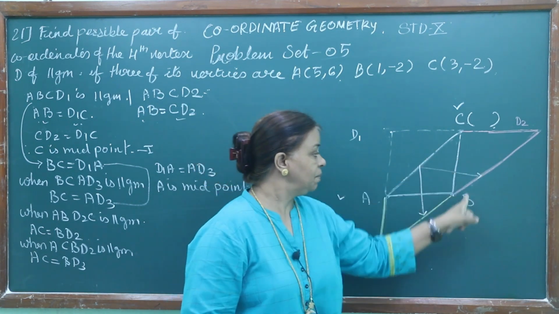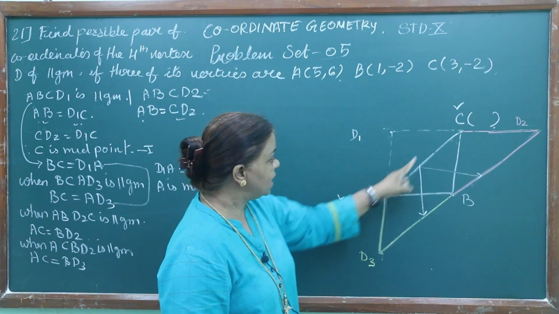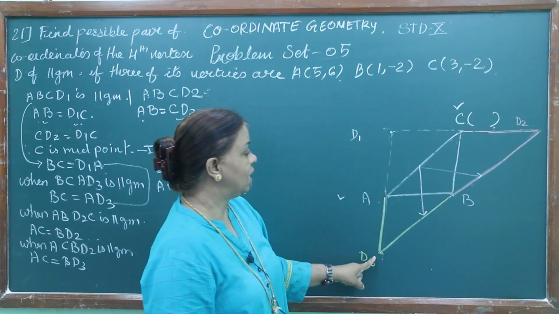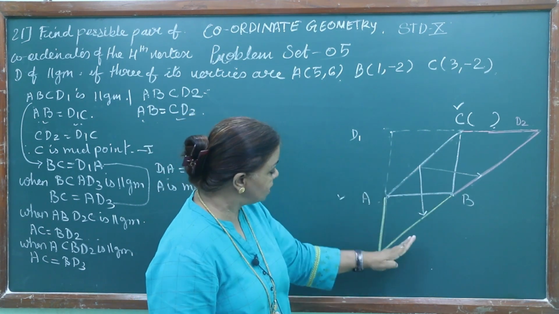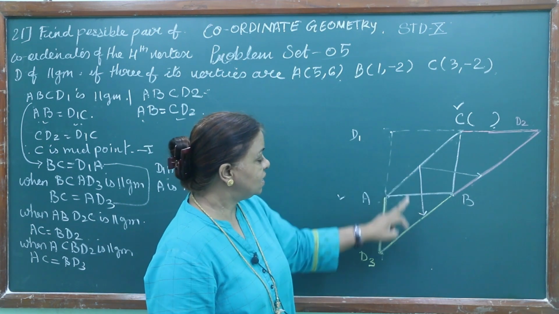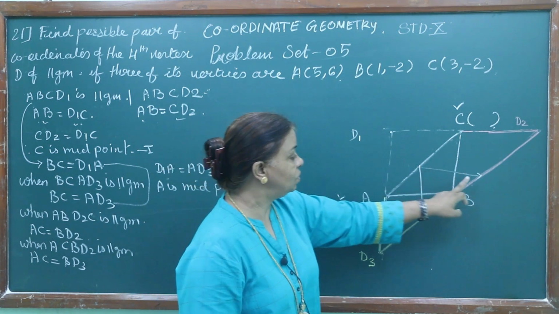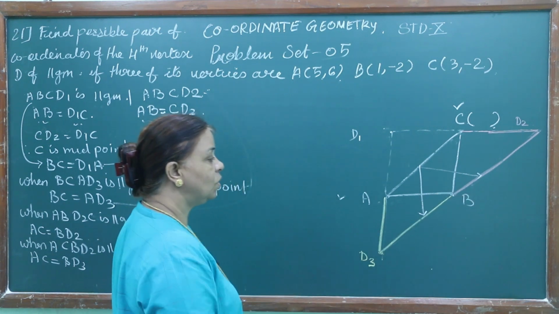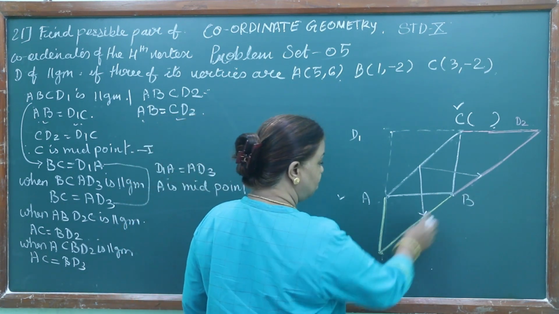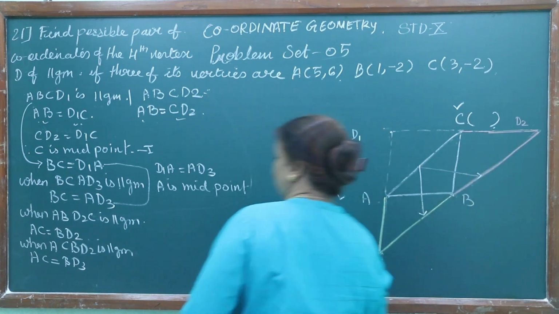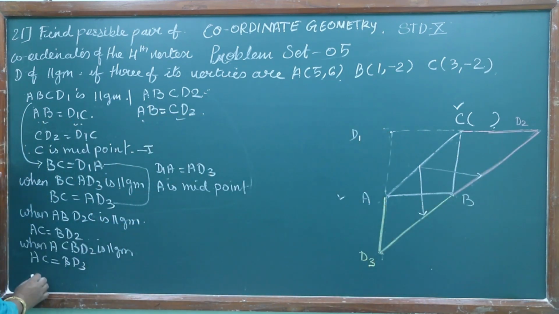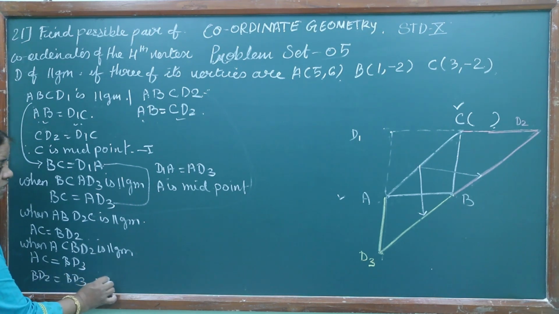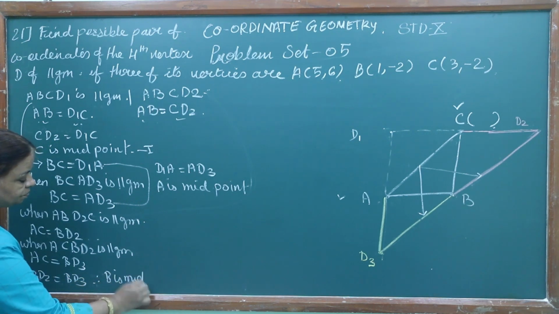Opposite to AC is BD2. And when ACBD3 is a parallelogram, opposite to AC is BD3. So AC is equal to BD3, AC is equal to BD2. So what do we come to conclusion? We come to the conclusion BD3 is equal to BD2. So from here we can say BD2 is equal to BD3. So B is the midpoint, therefore B is midpoint.